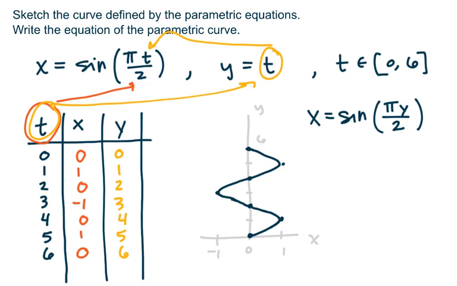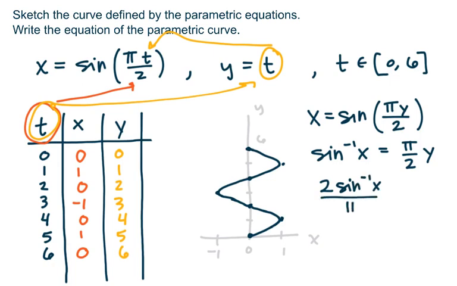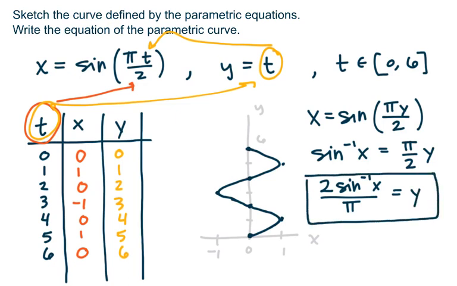At this point, I have my function in terms of x and y, but we want to isolate that y value. So this might turn into sine inverse of x equals pi over 2 y, or rather 2 sine inverse of x divided by pi equals y.